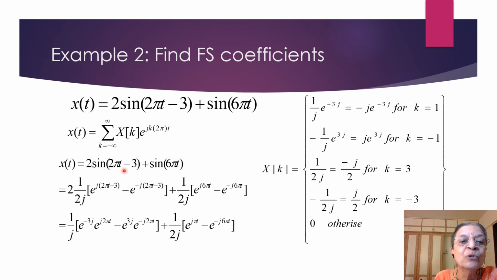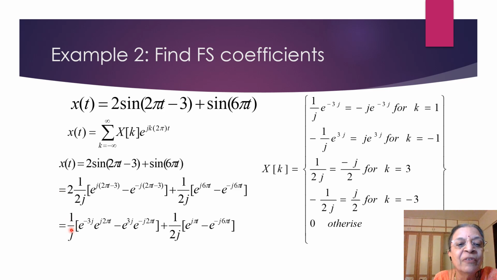So sine of (2 pi t minus 3), I will write as e raised to j (2 pi t minus 3) minus e raised to minus j (2 pi t minus 3), divided by 2j as per our formula. Now sine of 6 pi t, I will write as 1 upon 2j into e raised to j 6 pi t minus e raised to minus j 6 pi t. Now when I simplify, this 2 will cancel. 1 upon j is nothing but minus j.